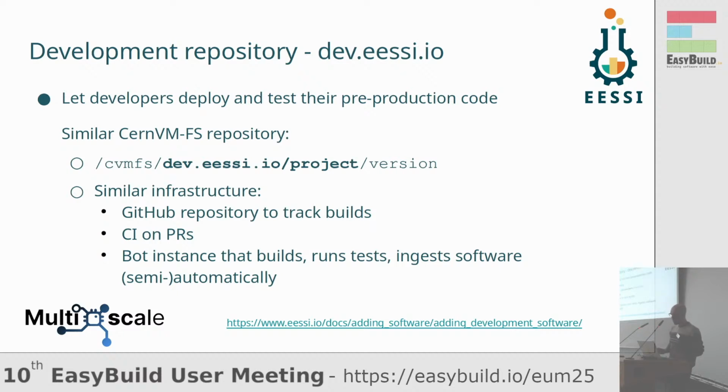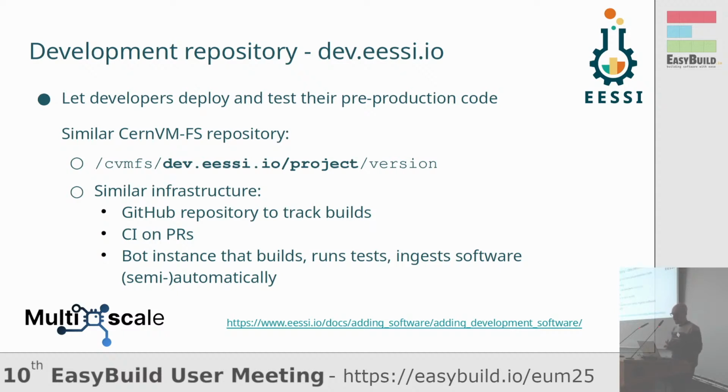If you've played around with EESSI, you're familiar with this /cvmfs/software.eessi.io that you just saw in the previous presentations. Here we add a project subdirectory that will be related to the specific project that the group of scientists is working on, and then everything else is very similar. So we still have this GitHub repository that will track the builds.